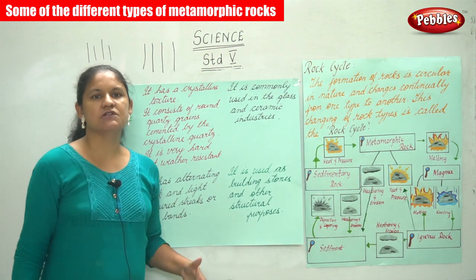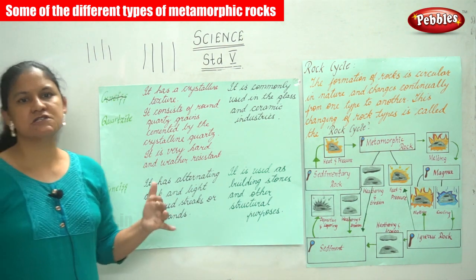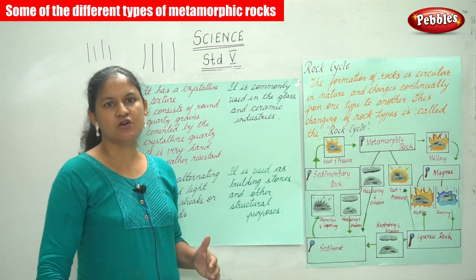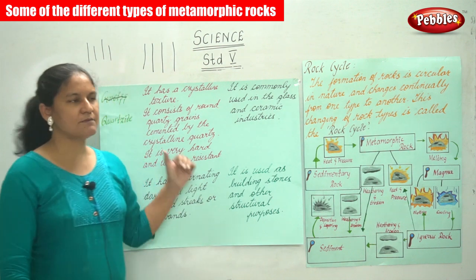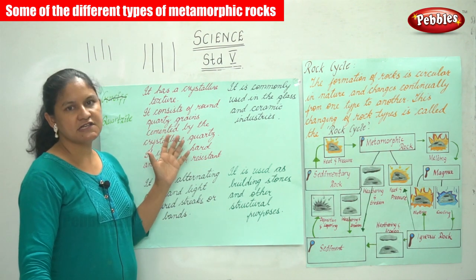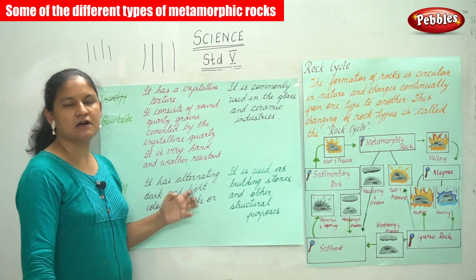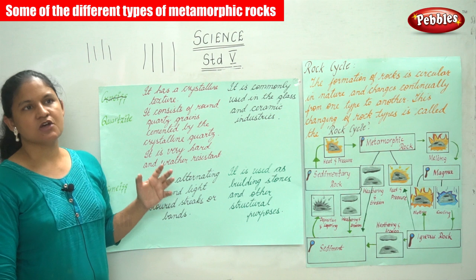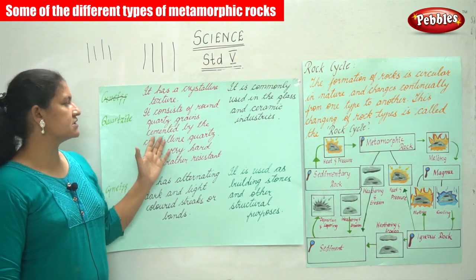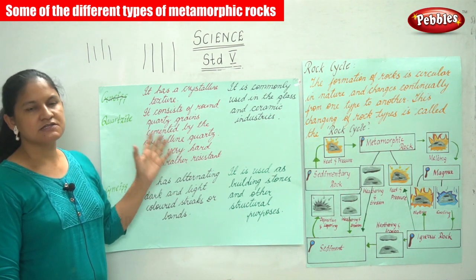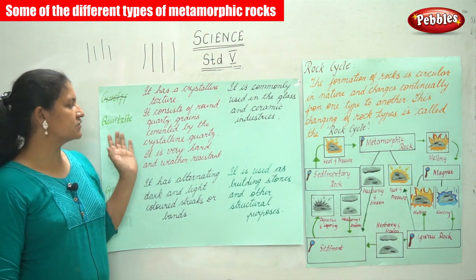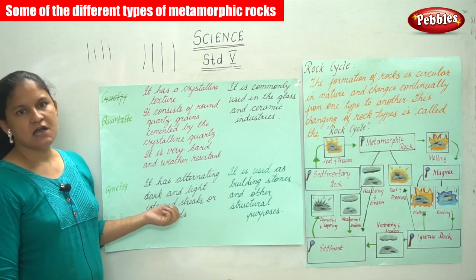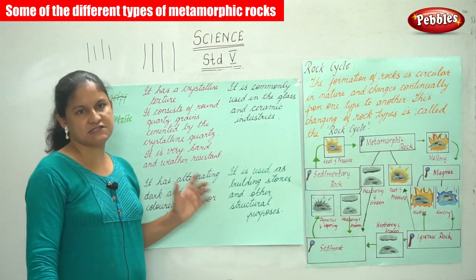Talking about the next two important types of metamorphic rocks, quartzite and gneiss. Quartzite has a crystalline texture and consists of round quartz grains cemented by crystalline quartz, and it is very hard and weather resistant.